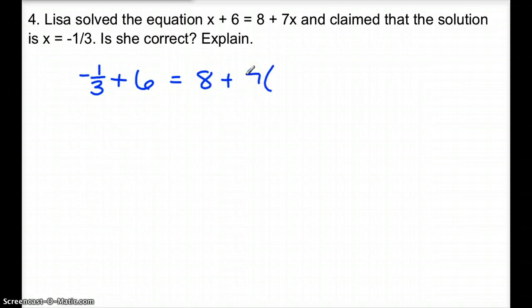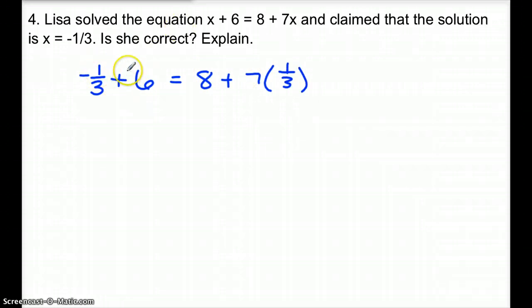It says Lisa solved the equation x plus 6 equals 8 plus 7x and claims that the solution is x equals negative 1/3. Is she correct? And explain. So again, we'll just plug it right in. So negative 1/3 plus 6 equals 8 plus 7 times 1/3.